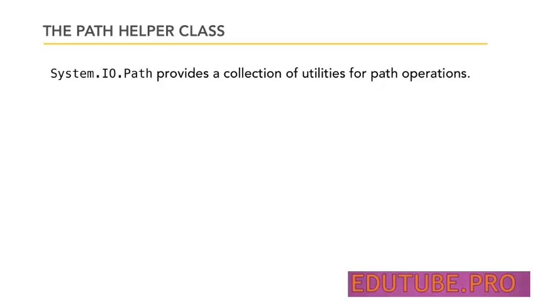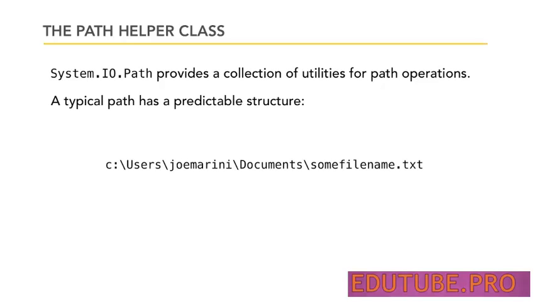So if you look at the way a typical path is built, it has a predictable structure. And here's a sample path, and this may look different based upon the files you work with, but this is just a sample. So right at the front, there's the drive name, and it can be a letter followed by a colon followed by a backslash. The drive name is the root level of the path, and it's the disk or the location where a file is.